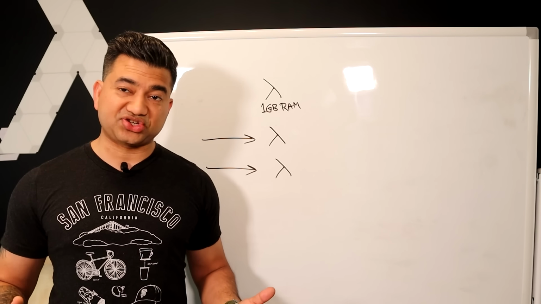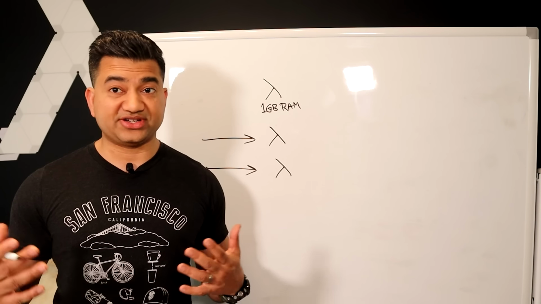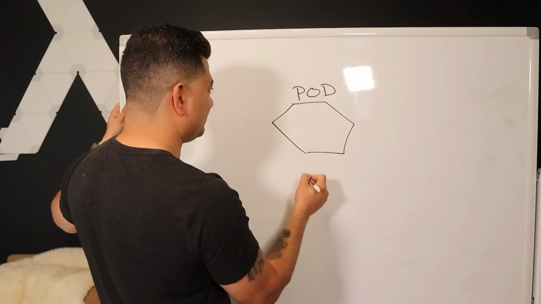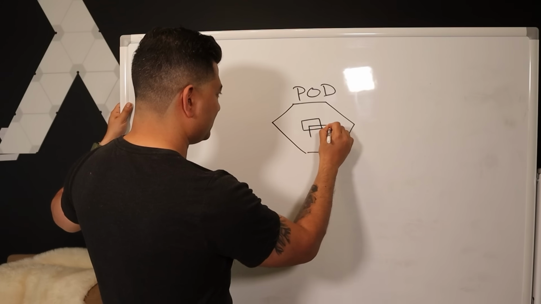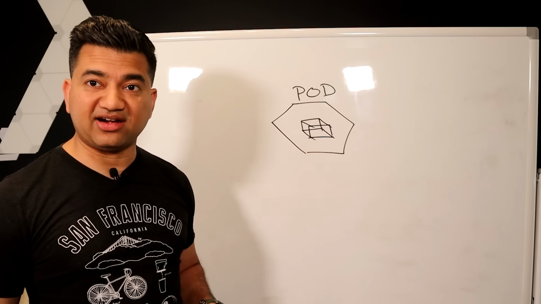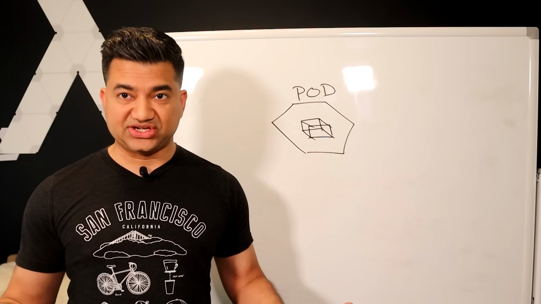Alright, so now that we understand how Lambda scales, let's take a look at how containers scale. Let's talk about Kubernetes first. For Kubernetes, your container is running inside a pod. So let's say we have this pod and we have this container, and at the end of the day, this pod is running in an EC2 worker node.